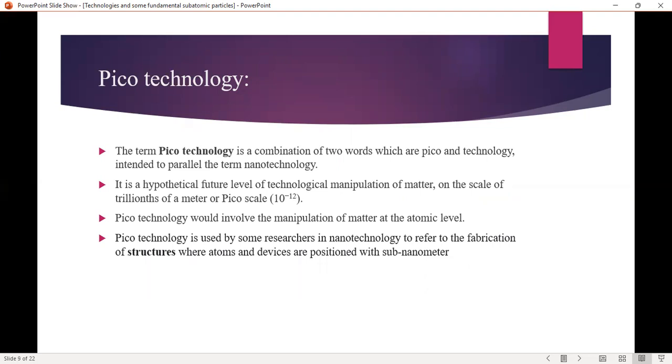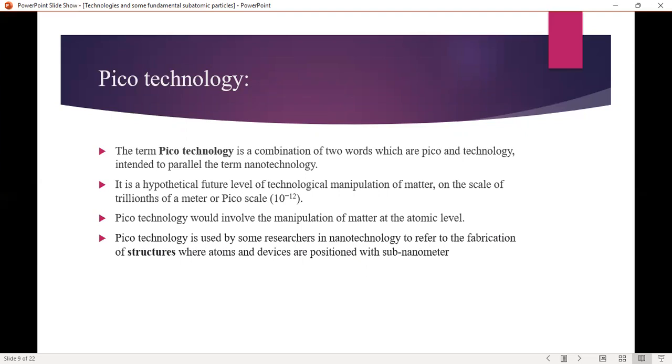It is a hypothetical future level of technological manipulation of matter on the scale of trillionths of a meter, or picoscale. Picotechnology would involve the manipulation of matter at the atomic level. Picotechnology is used by some researchers in nanotechnology to refer to the fabrication of structures where atoms and devices are positioned with sub-nanometer precision.